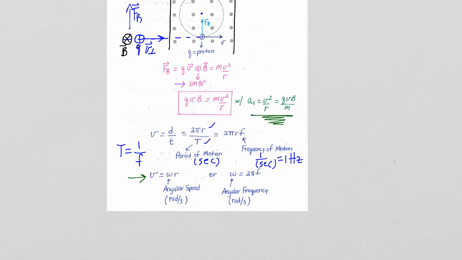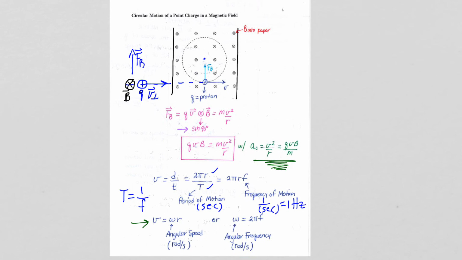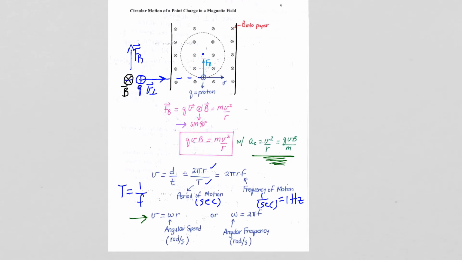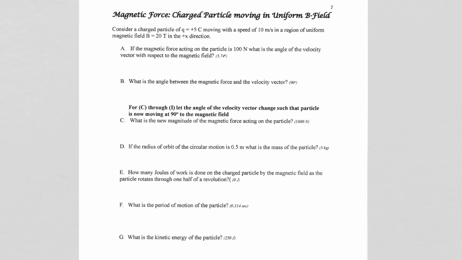And to give you practice with the type of questions you might be looking at using these equations, I have some practice for you. Now, I do want to have you keep in mind when doing this that you are using a positively charged particle. You are given the speed.